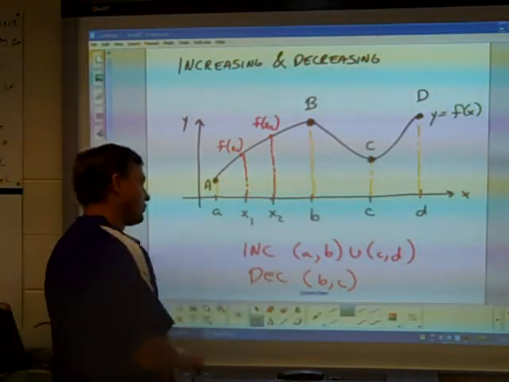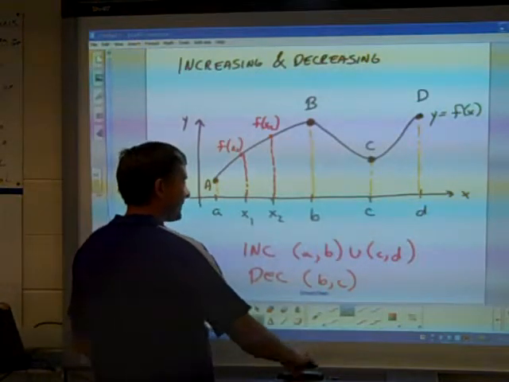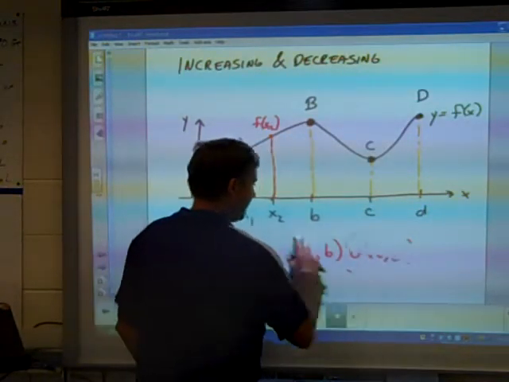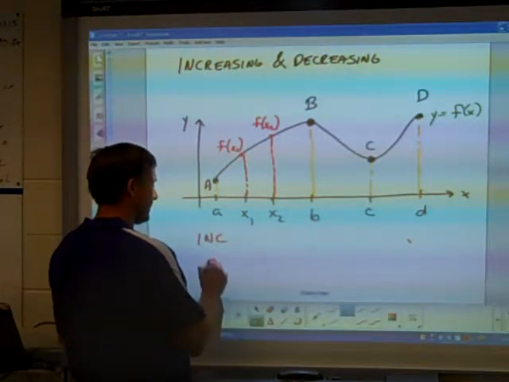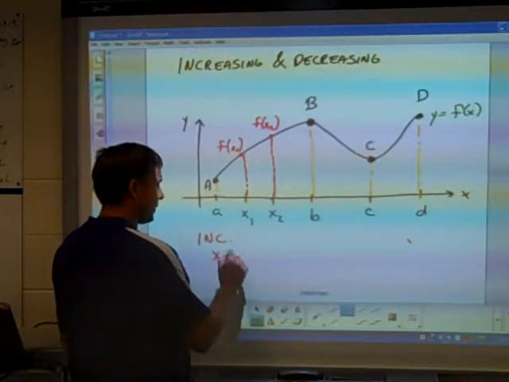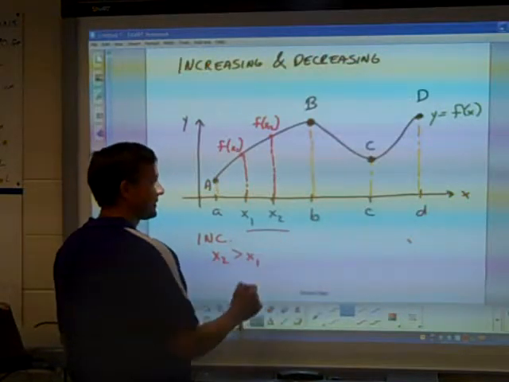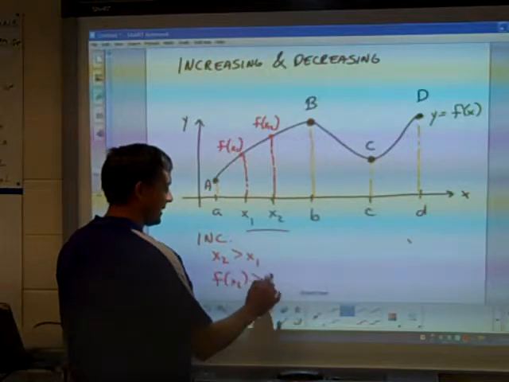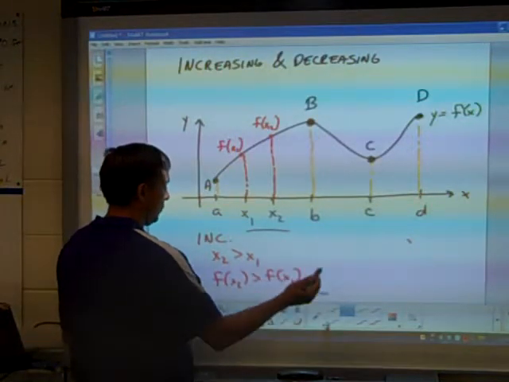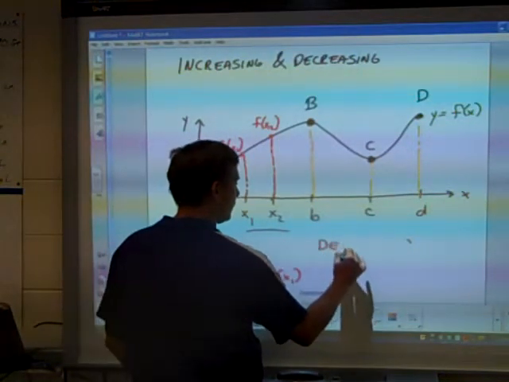The rule here you should know, all right? And you'll see I have a set of x's here. A function's increasing when x2 is greater than x1, in this case, and what? And f of x2 is greater than f of x1, the output. When's it decreasing? Well, the same rule.